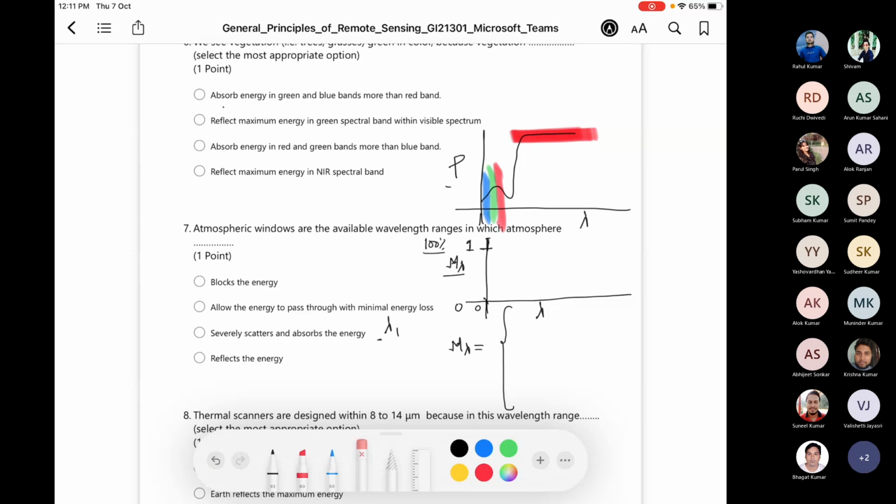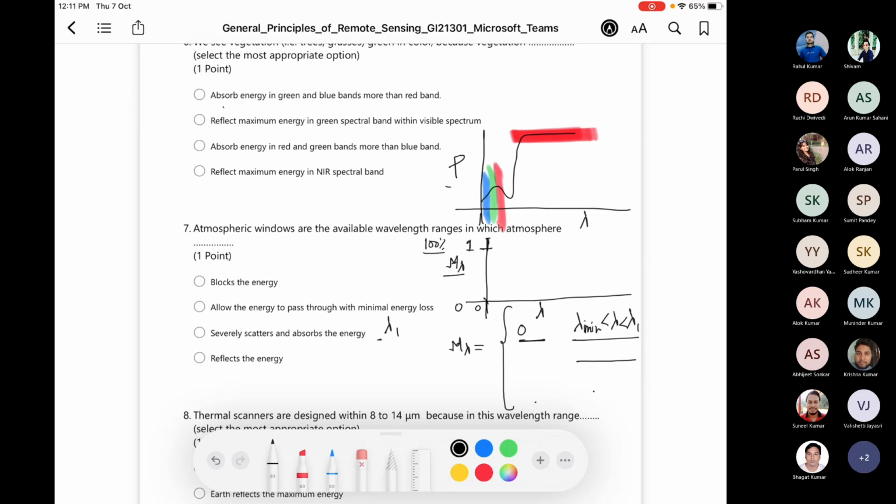So in this case, you write lambda min less than or equal to lambda less than or equal to lambda 1. Certain values if you get, you need to mention. And in the visible spectrum, you need to mention how much the tau lambda value is.